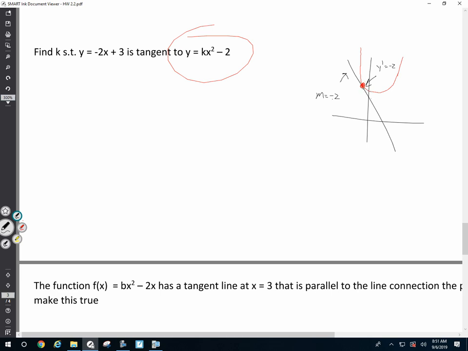The second thing is that they must share the point. So for a certain x value, the y's will equal each other. So that's going to create two equations for me. A shared point, where negative 2x plus 3 will equal kx squared minus 2 at some location, and a shared slope.